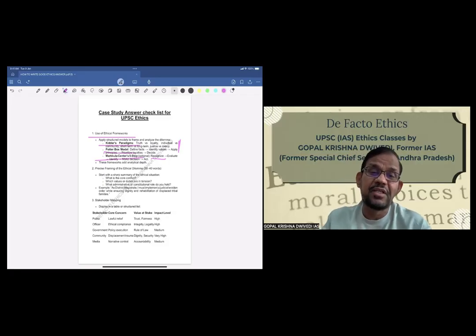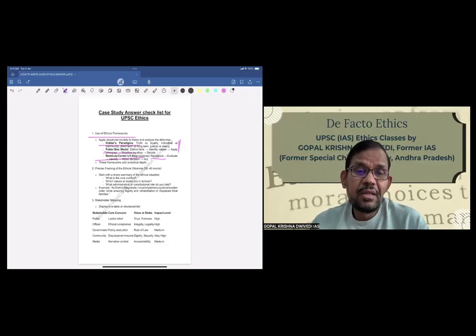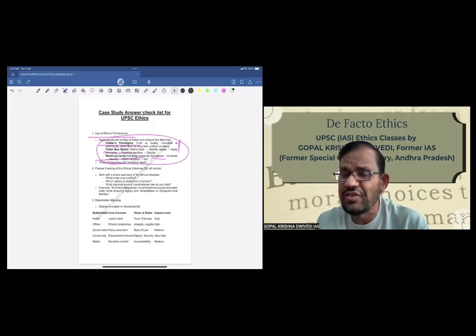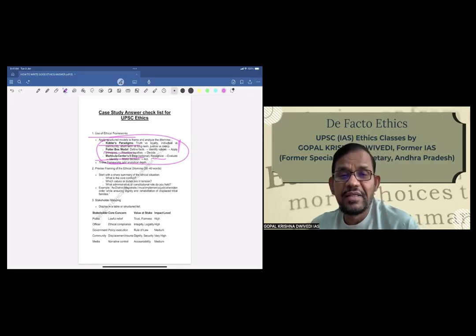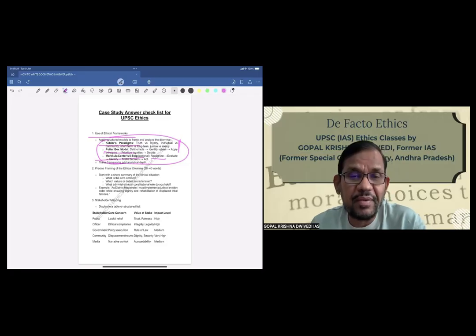So these are five stages which Markkula, one of the ethical thinkers, has given. Now these are the frameworks for analysis of the case study basically. These frameworks will definitely add to analytical depth and will ensure that you analyze the case study in a very systematic manner so that you are able to answer it more properly.